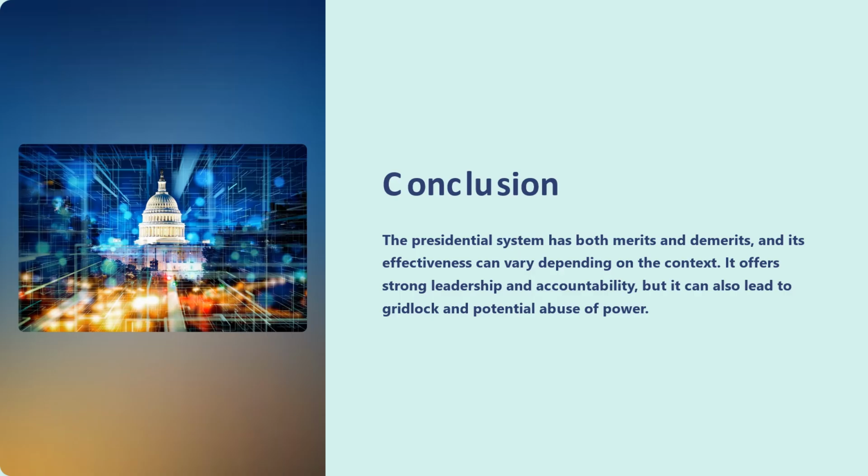So a presidential form of government offers a system of governance that promotes strong leadership, accountability, stability, and predictability. While it has its merits such as separation of powers and checks and balances, it also has some drawbacks, including potential gridlock, limited flexibility, and potential abuse of power.